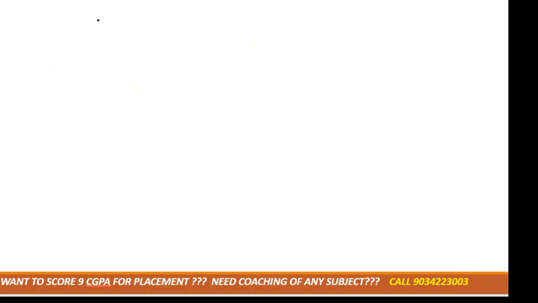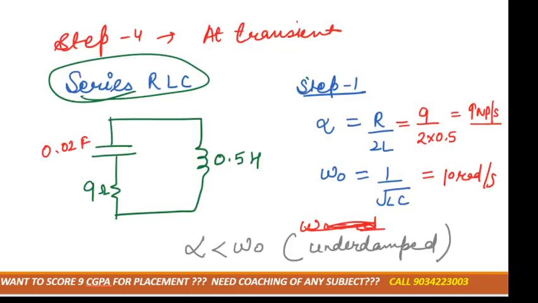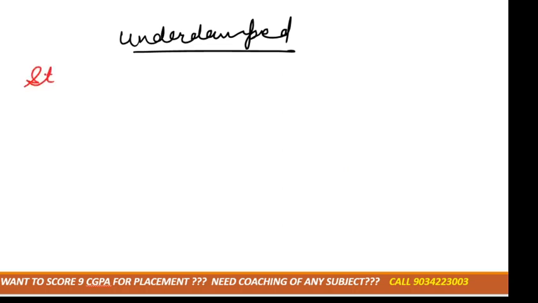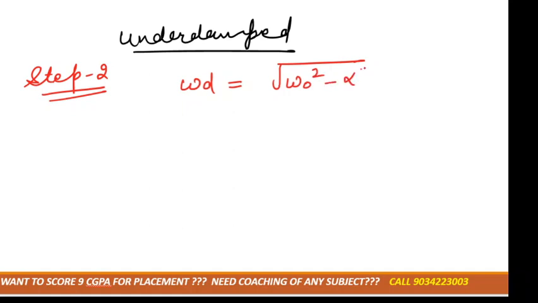Okay. Now I told you the certain steps for the underdamped case. So step number 1 is done. What was step number 2 for underdamped? We have to calculate omega d. Omega d is how much? Square root of omega naught square minus alpha square. Omega naught we know, alpha we know.